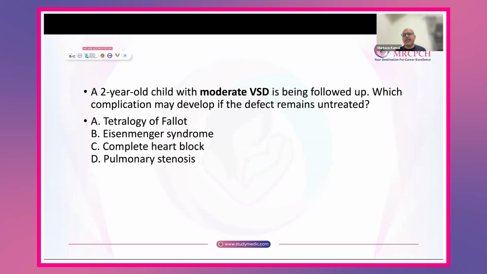So if the resistance increases, then the flow will not increase, but the pressure will increase. The first part was a hyperkinetic pulmonary hypertension, whereas in the second part, it was an obstructive pulmonary hypertension. The obstructive pulmonary hypertension is what is known as Eisenmenger syndrome. So any large shunt lesions, if they are left untreated, will lead to Eisenmenger syndrome. So the answer of this question is Eisenmenger's.